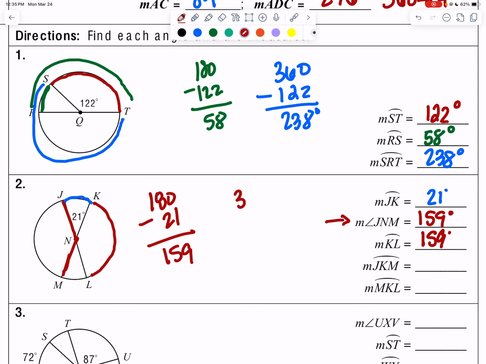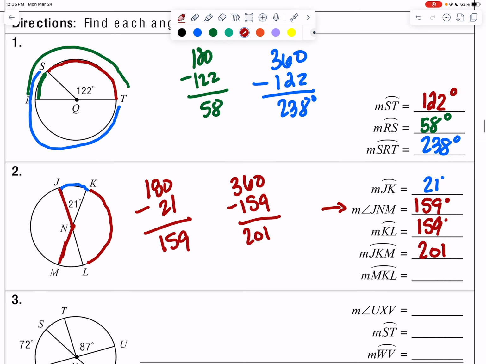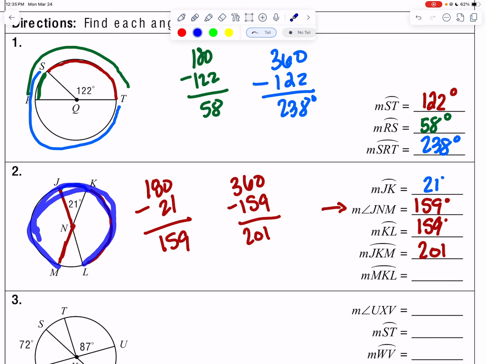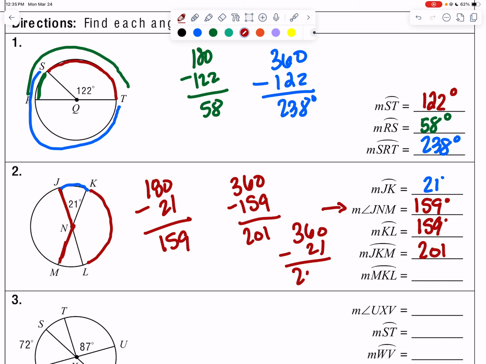So I'm just going to do 360 minus 159, and this is going to give us 201 degrees. And then for MKL, it's basically everything except this 21 degrees. So I could say 360 minus 21, which gives us 339.